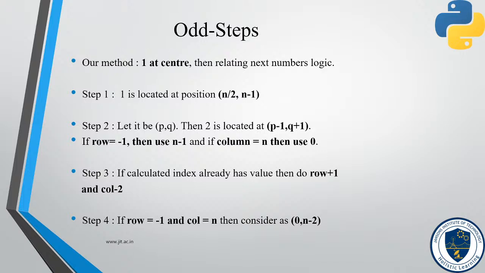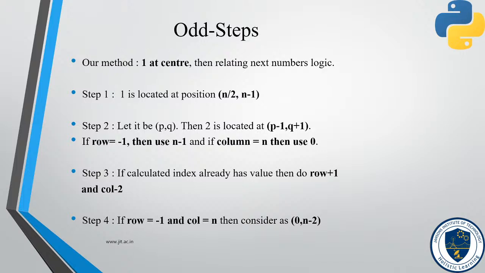Maybe with a 3 cross 3 square matrix itself, you can determine the solution for n number of types. Maybe 1 is placed at the first row, second row, third row, 9 positions. With respect to that, you can find out the algorithm. After analyzing only, you will get these logics, n by 2, p minus 1, q plus 1, etc. Everything will be obtained.